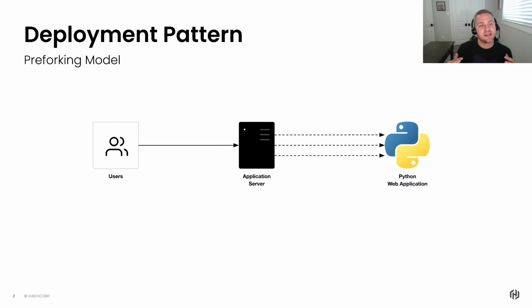So here is a common deployment pattern that I have seen for Python web applications. Users interact with an application server, and then that application server is sending requests to a number of your Python web apps. It's called a pre-forking model because the app server actually forks multiple processes of your application, and it manages those applications.